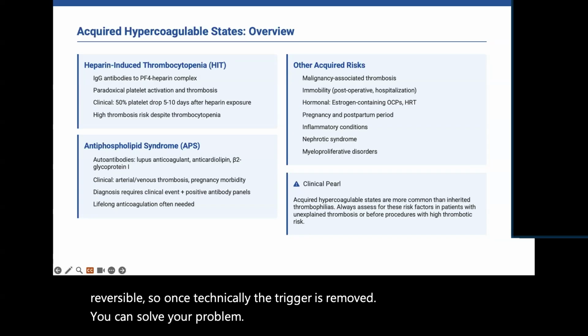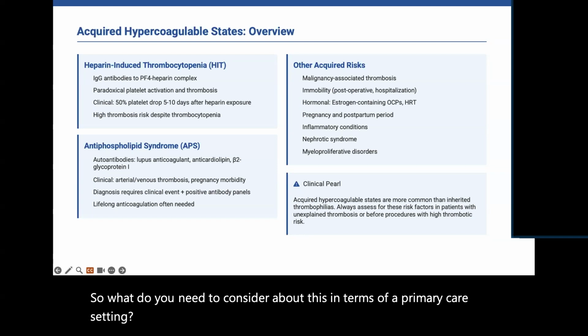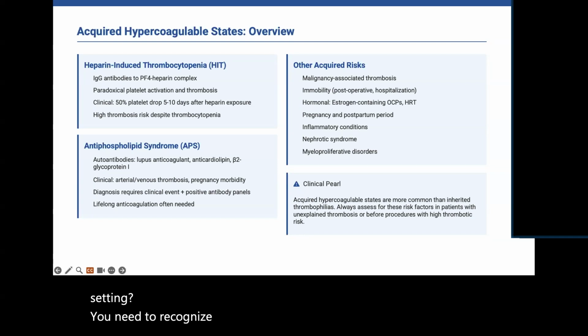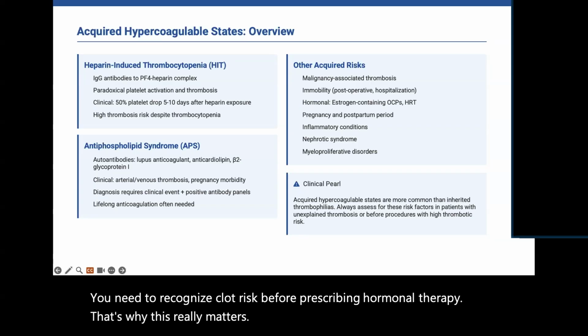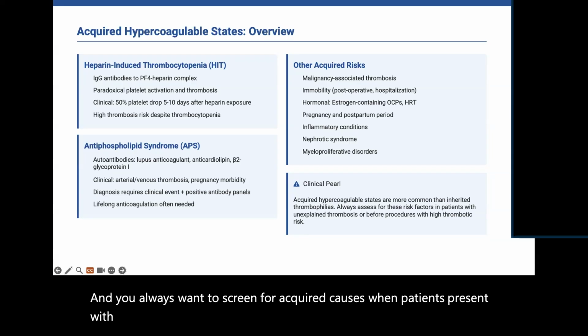So what do you need to consider about this in a primary care setting? Well, you need to recognize clot risk before prescribing hormonal therapy. That's why this really matters. And you always want to screen for acquired causes when patients present with unexplained thrombosis.